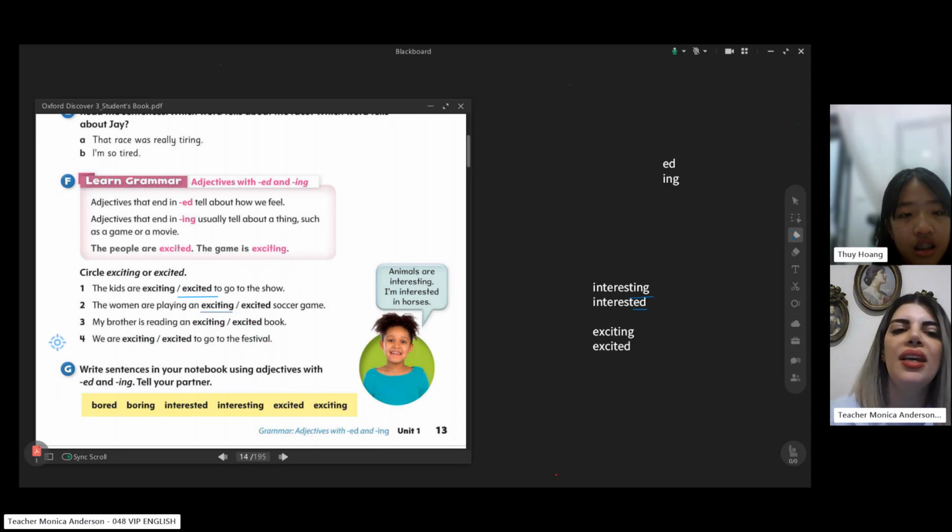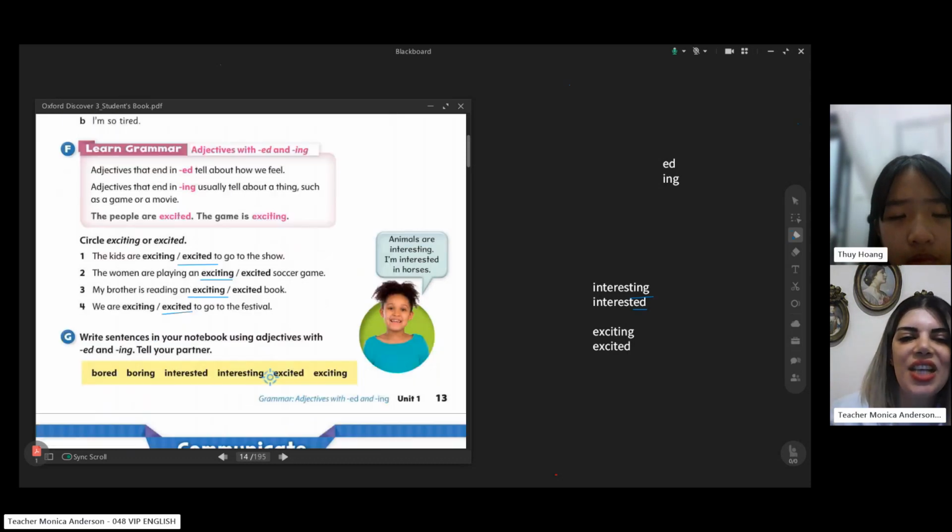And number 3. My brother is reading an exciting book. Excellent, very good. And we are excited to go to the festival. Excellent, that's great.